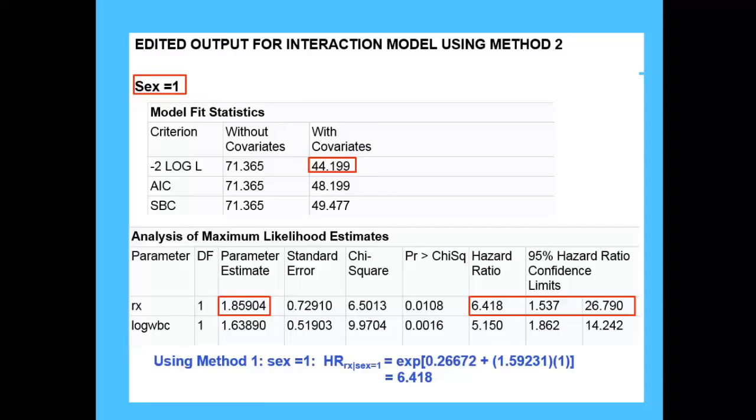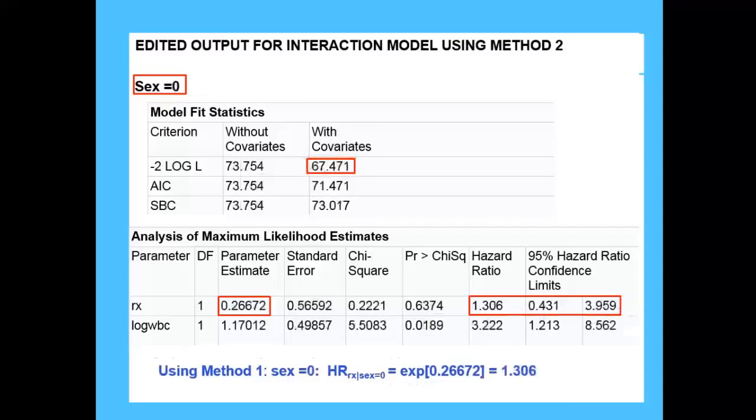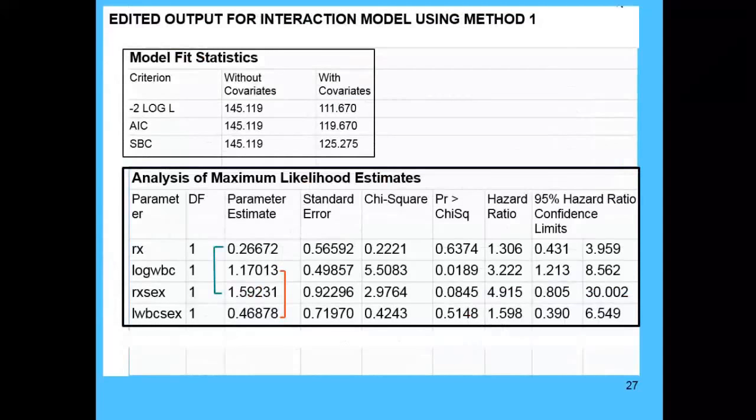Now, let me ask you this. If I look at this model for all four of them there, you see minus 2 log L? You see this 111.670? What's that? That's the log likelihood statistic for that model that allows us to have an interaction model that we know gives us the same answers if we separate it. So there's the 111.670. Now, that's the interaction model.